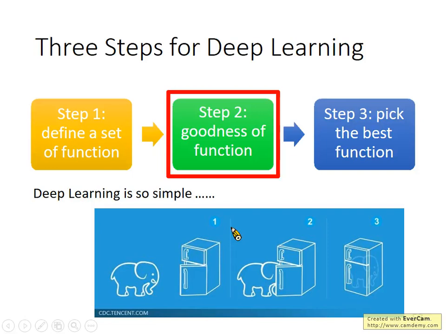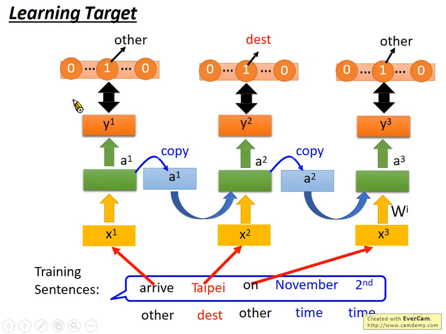After describing the structure of RNN, we now can go to the second step of deep learning, that is to define the goodness of a function. The way to define it is actually similar to the convolutional neural network and the fully connected neural network. Taking the slot filling application again, the input is the sentence, like arrive Taipei on November 2nd. The first input is arrive, the second input is Taipei, and so on.